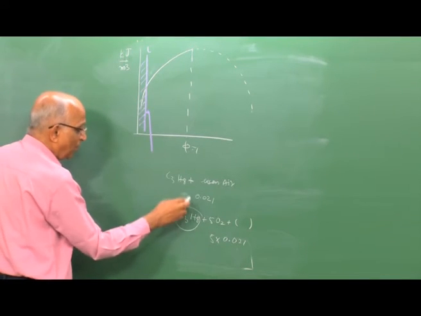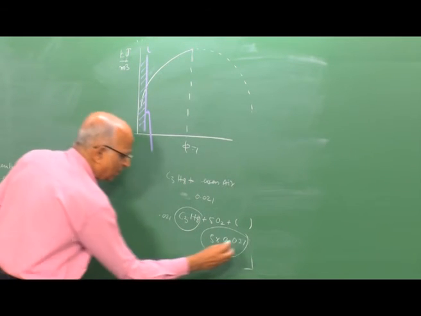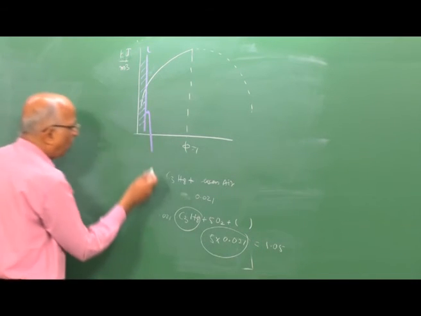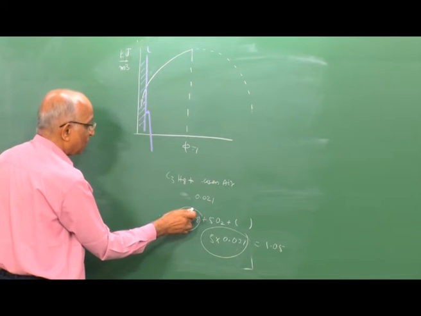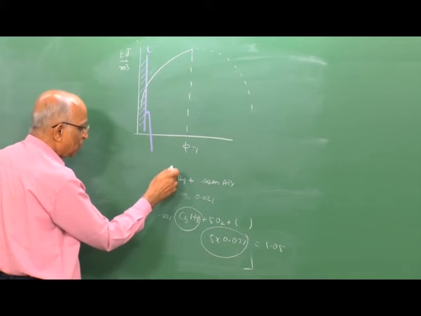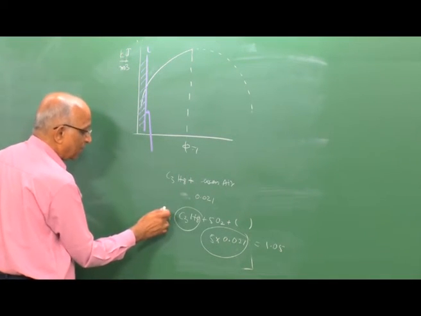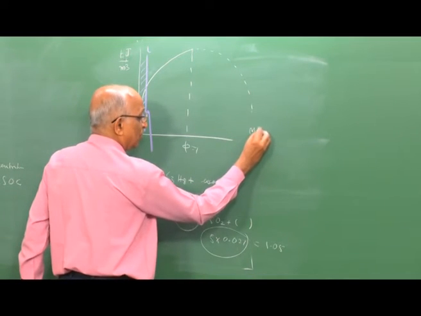Therefore, if I reduce the oxygen concentration to less than this particular value, what is going to happen? It really cannot burn. Therefore, the minimum oxygen concentration which corresponds to the lean flammability limit is the stoichiometric coefficient multiplied by the lean limit, and this is how we calculate the minimum oxygen concentration.